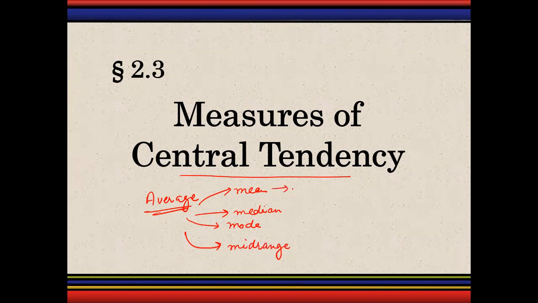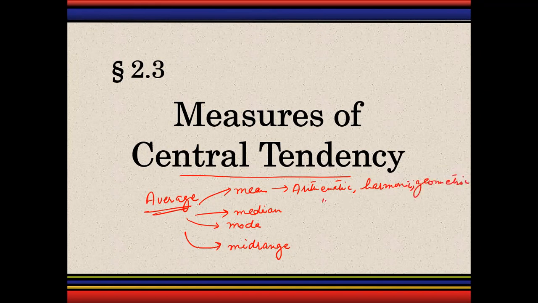For example, we can have arithmetic mean, harmonic mean, geometric mean, and weighted mean. Okay, so there are multiple types of means.